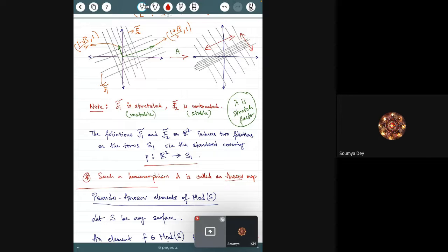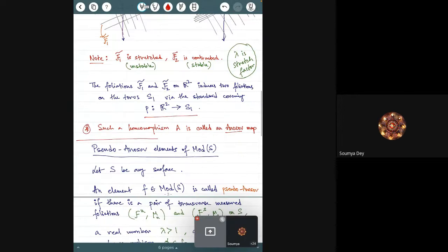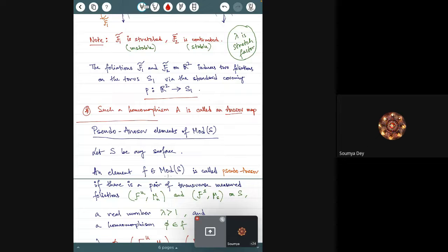So this transversality will be preserved there also, and locally this dynamics will be preserved. So at every point there will be two directions, and in one direction the leaves will get stretched, and in the other direction the leaves will get contracted. Okay. So such a homeomorphism A is called an Anosov map on our torus.